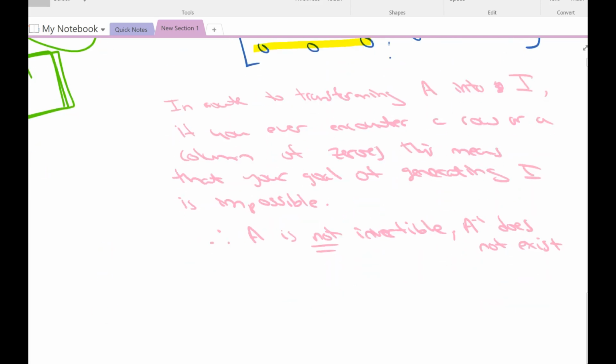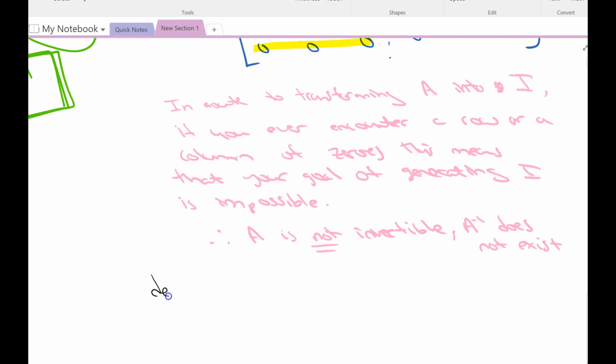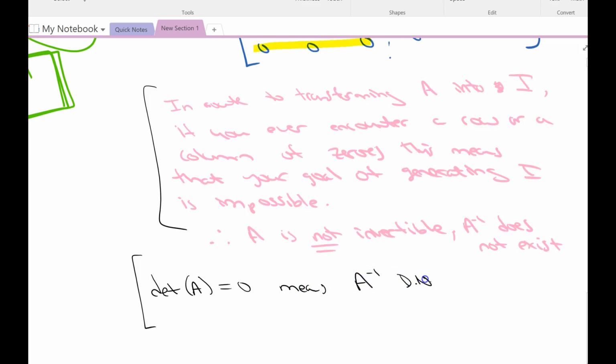I'll show you how, en route to transforming A into I, if you ever encounter a row or column of zeros, what that means is the determinant of matrix A equals 0. And we know if the determinant of A equals 0, this means that the inverse does not exist.